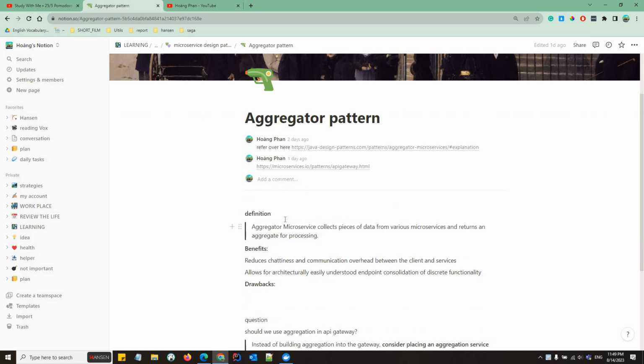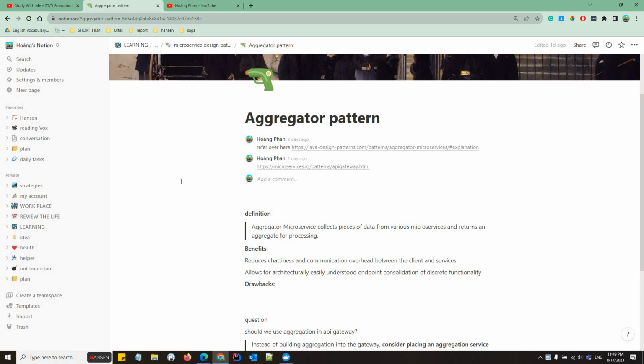The definition is... I will make an example to easily understand. Nowadays we use microservices a lot, and when a client wants to get some information, they need to request to a server.